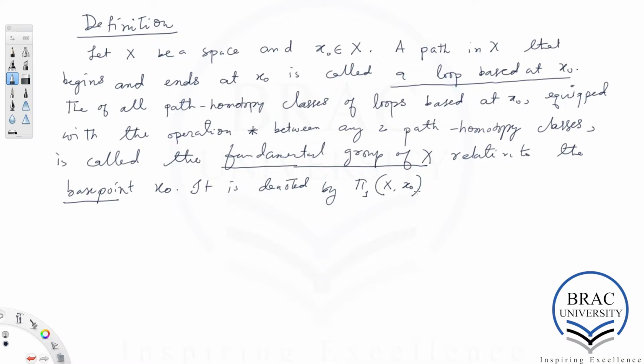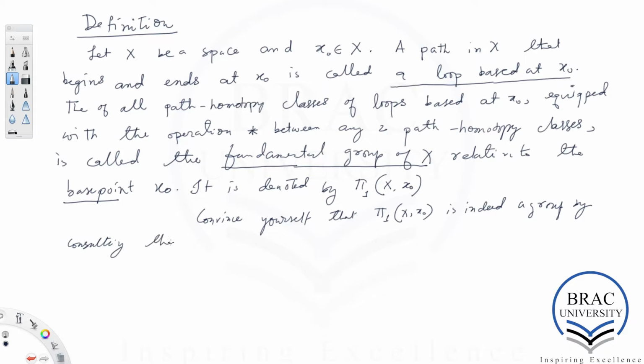So look at the statement of theorem 1 and convince yourself that pi 1 of X comma x0 is indeed a group by consulting theorem 1 from lecture 1.